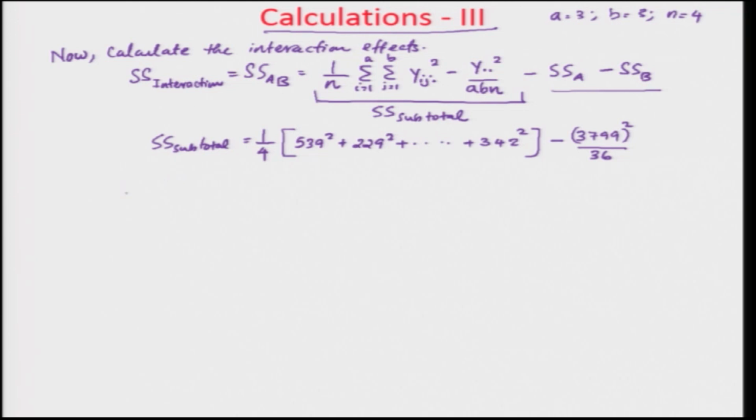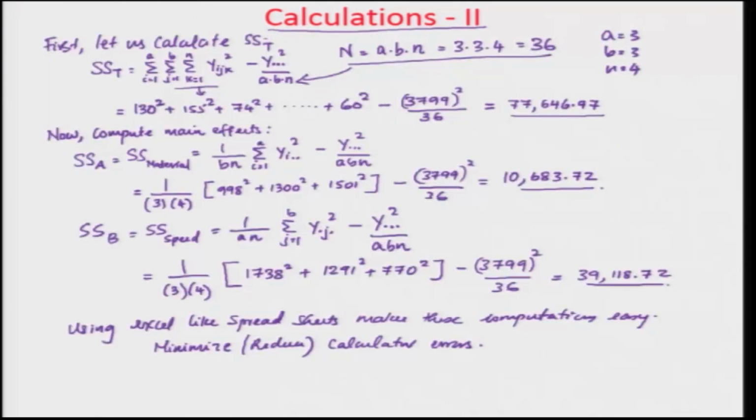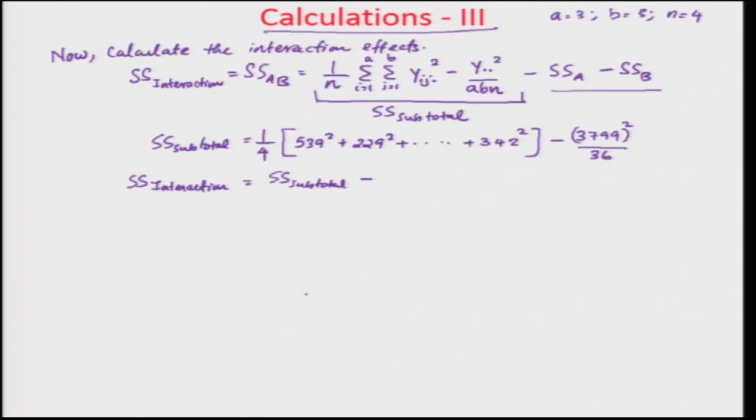From this what you do is: SS interaction is this particular value, SS subtotal, minus what we got here previously, SSA plus SSB, which was 10,683.72, and 39,118.72.